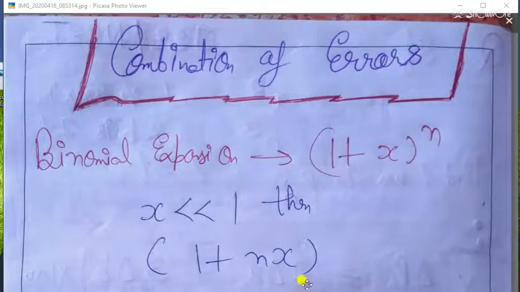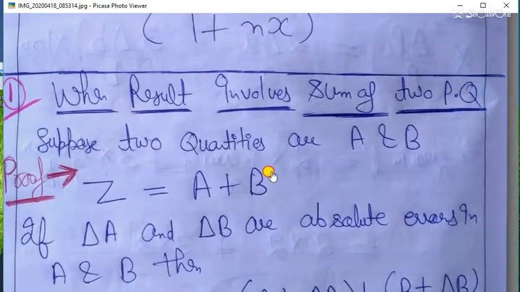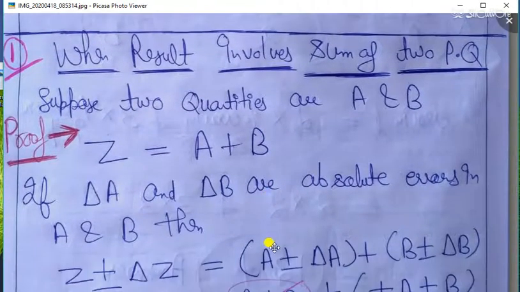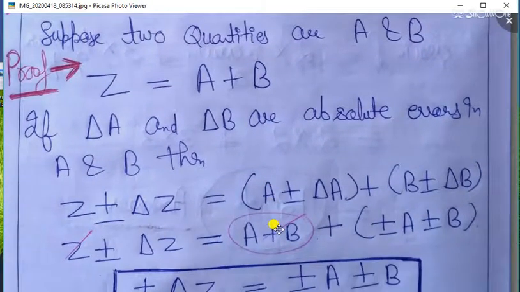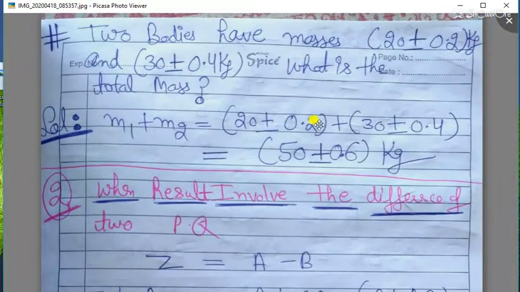Now, when the result involves the sum of two physical quantities, as we discussed in the first video, delta z is equal to plus minus delta a plus minus delta b, and the maximum error is obtained by simply adding the two absolute errors, like 0.2 and 0.4.